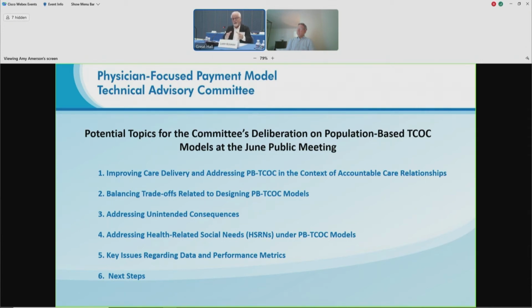And whether they're made by a primary care doctor or a specialty physician, or a nurse practitioner or a PA, whoever's performing this, or even an unlicensed person, we have to define the touches to the patient. And then if we want to be able to pass responsibility for cost onto a population-based total cost of care model, we have to be able to envision the layers of accountability that have to be created there.